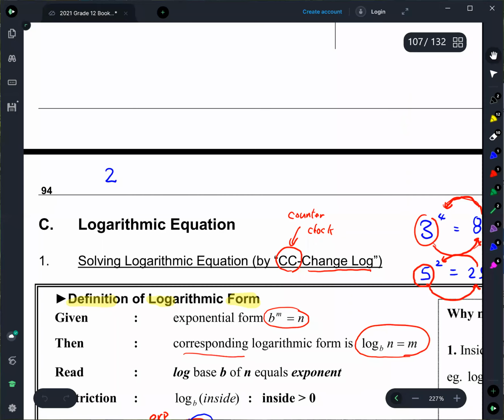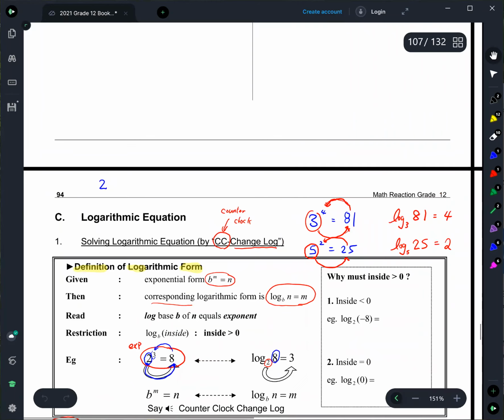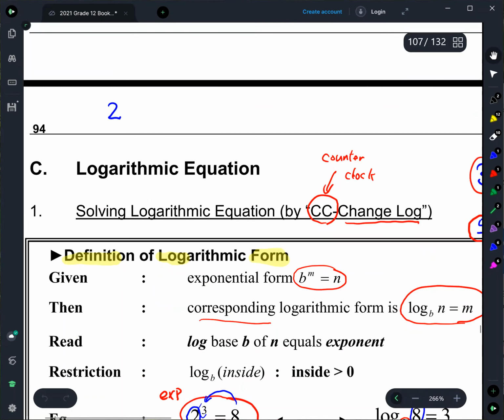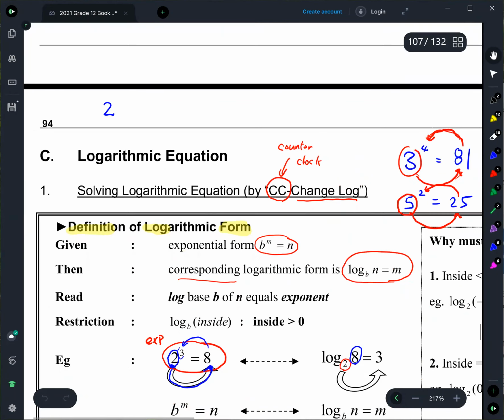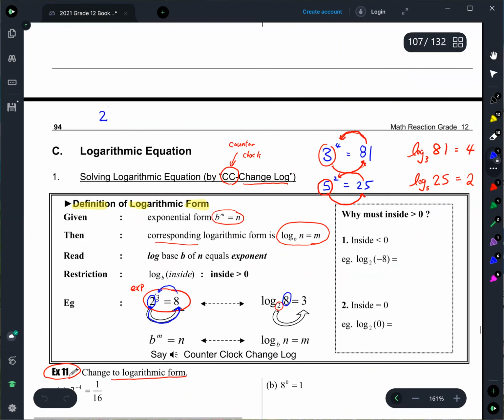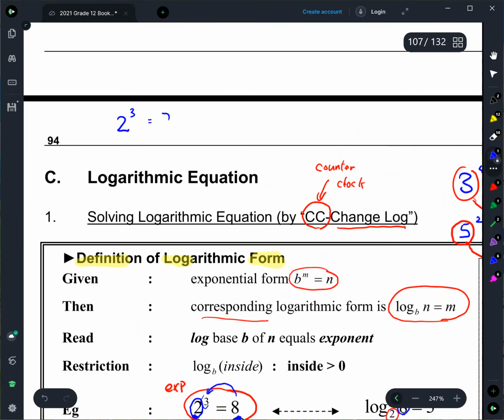Please raise your hand if you finish the 4 questions. It's like when you learn about square roots. If I have 2 to the cube equals 8, another way to write the 2 is 2 equals cube root of 8.